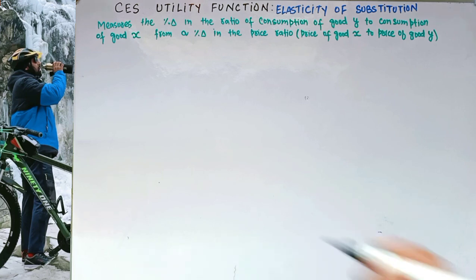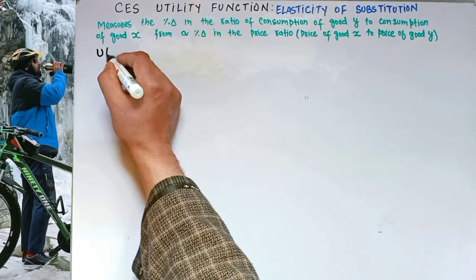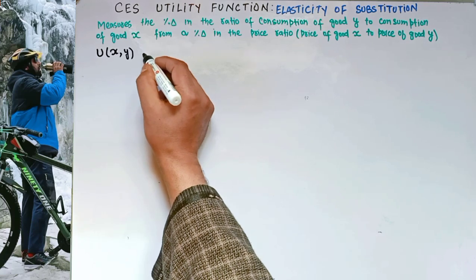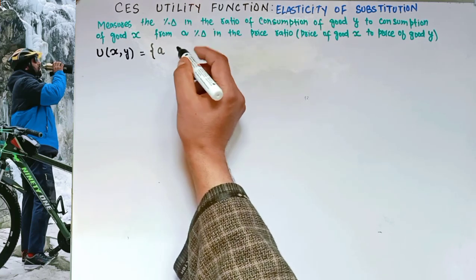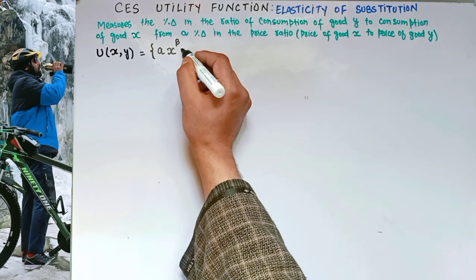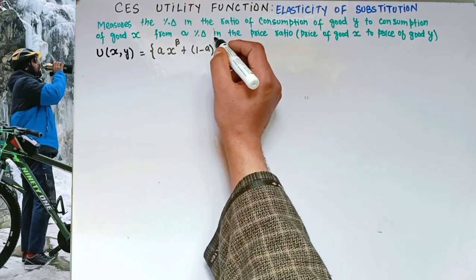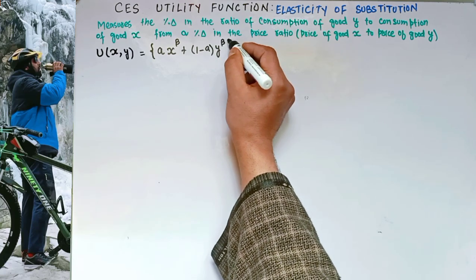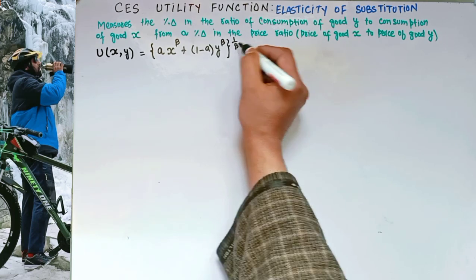Okay, so our CES utility function will look like this. That is, utility derived from the consumption of two goods X and Y is equal to A times X raised to the power beta plus 1 minus A times Y raised to the power beta, whole raised to the power 1 upon beta.